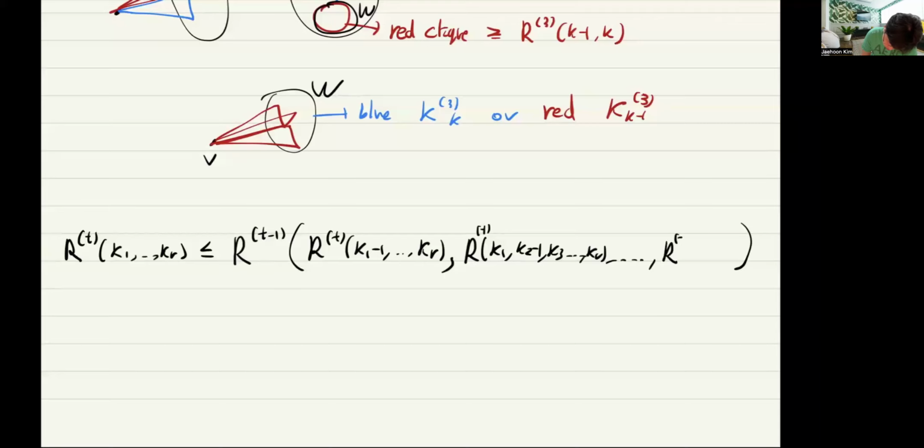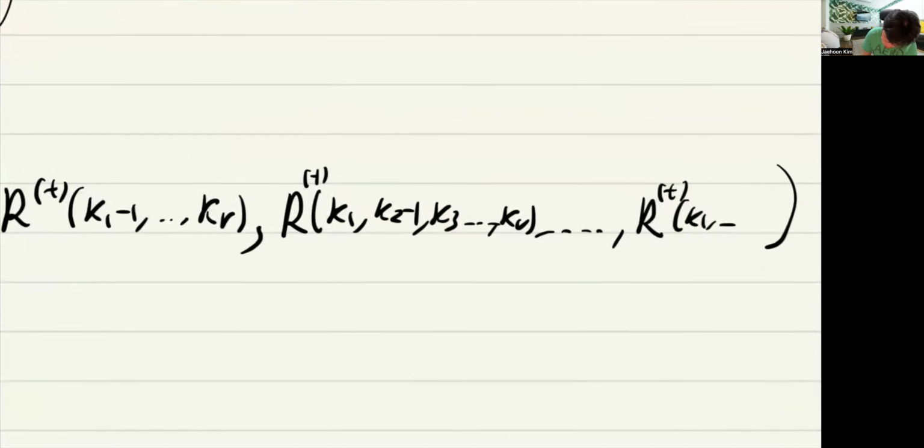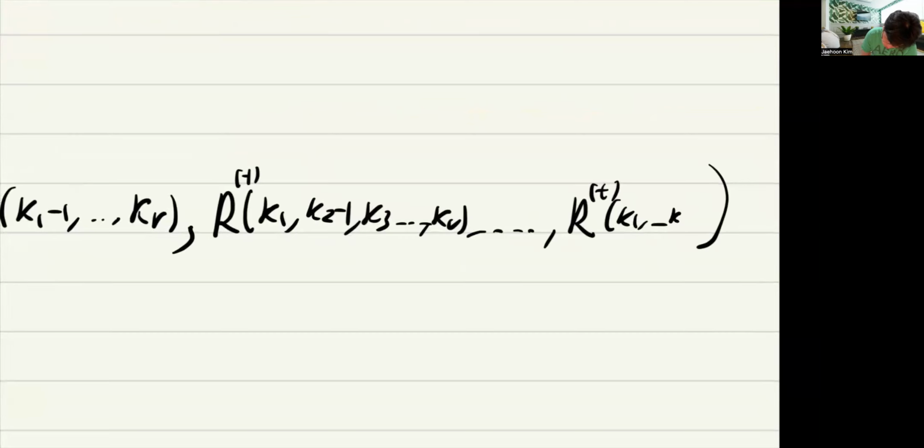The last one is like k_1 to k_{r-1}, k_r minus 1.